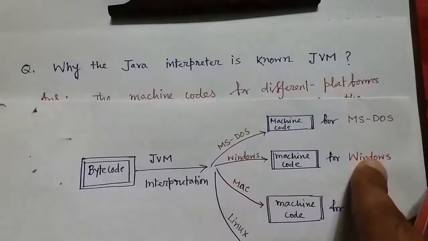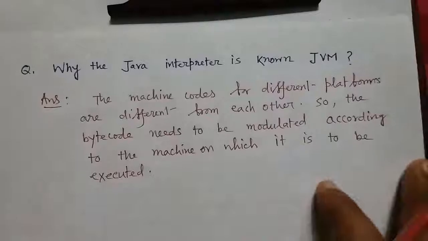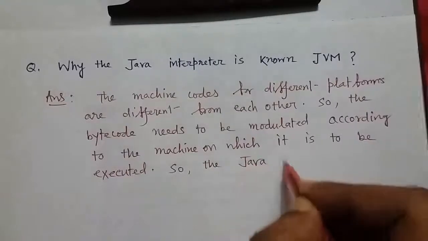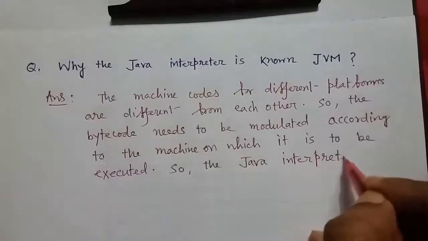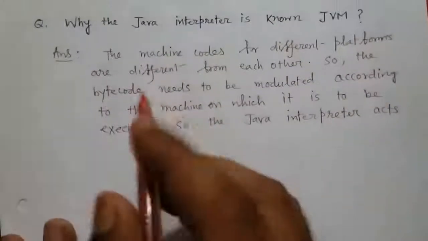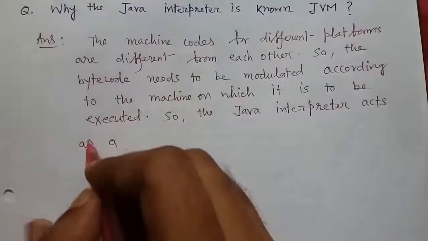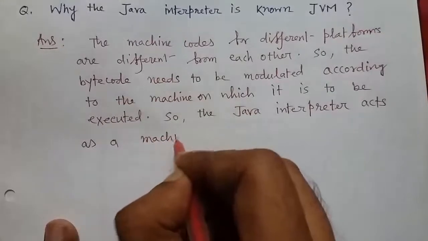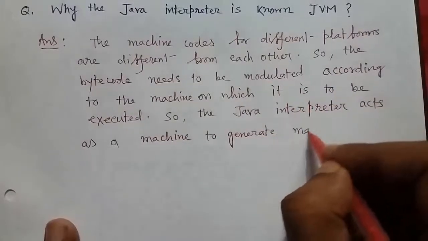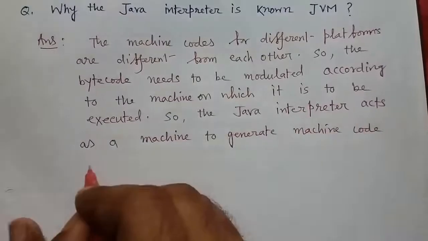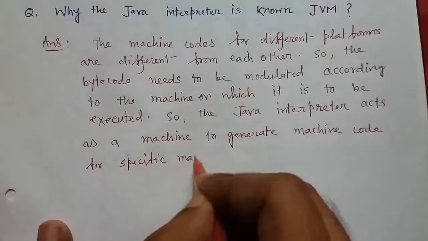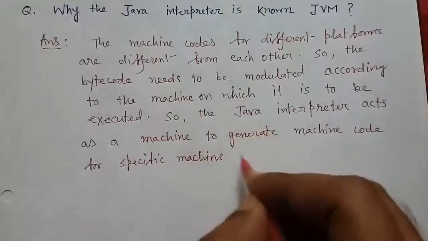And for a Windows based machine, Windows machine code. So the Java interpreter acts as a machine to generate machine code for a specific machine from the bytecode.